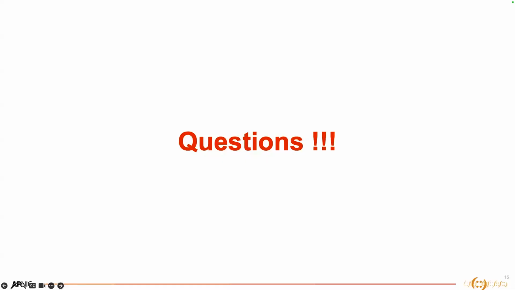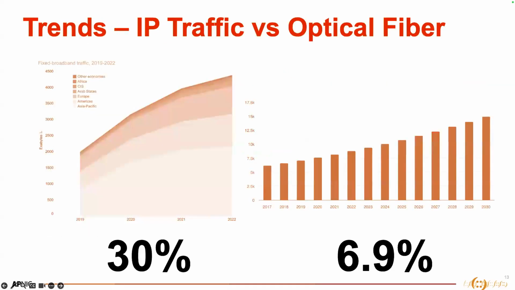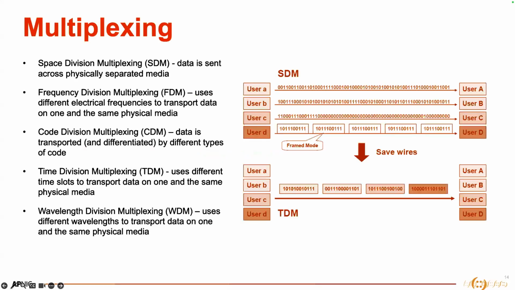Yes, sir. I have one question: is FDM only applicable for analog signals, or can it be applied to digital signals also? So frequency division multiplexing, you're talking about? Yes, sir. All these communication multiplexing techniques are basically analog.